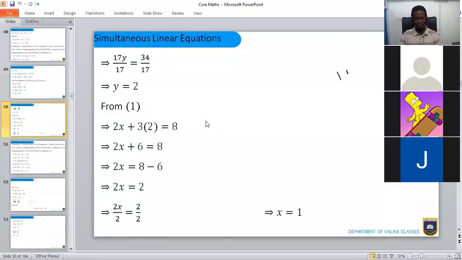Just pick any of the equations and substitute y into it. Are you clear now? Any further question?